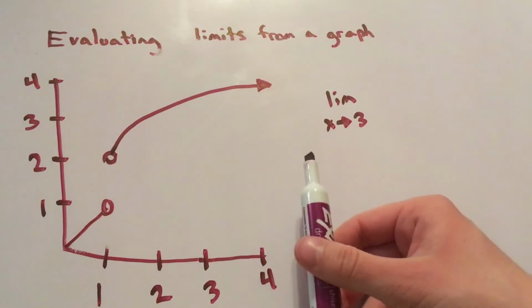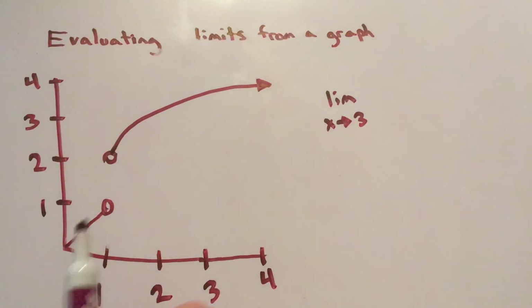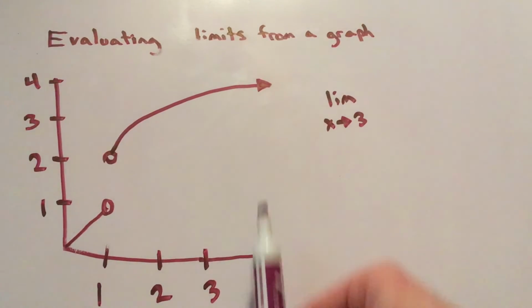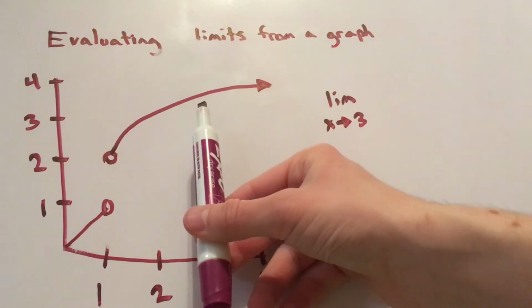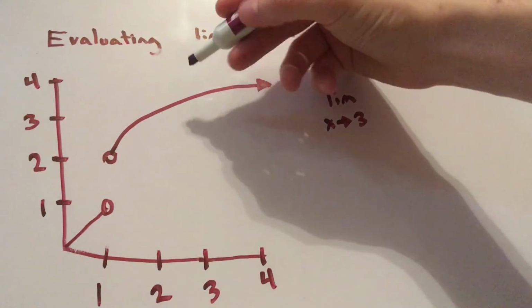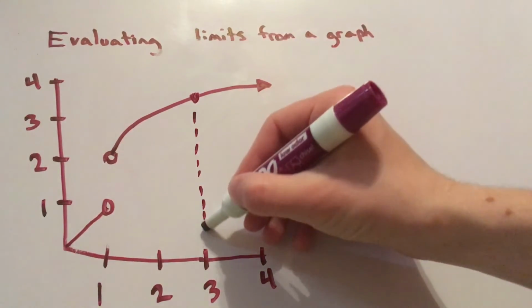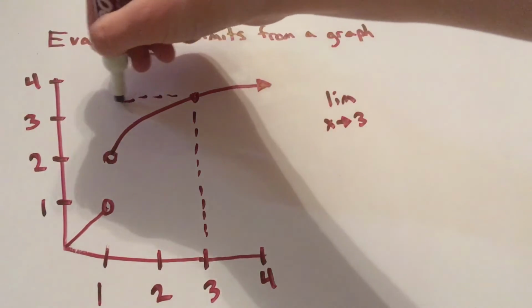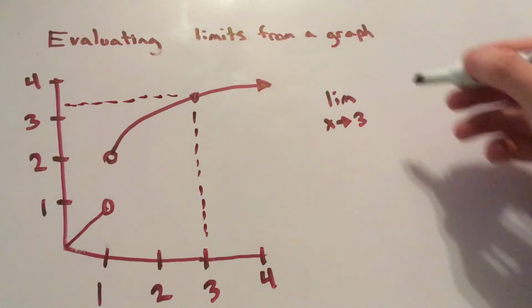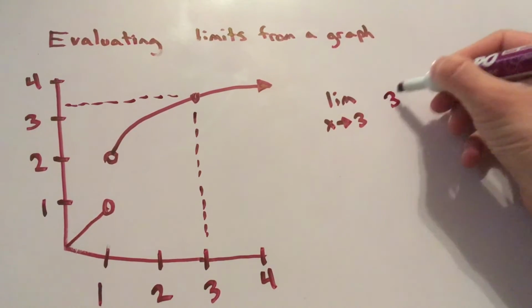So as x approaches 3, we can start from 4 here. We're gradually getting down, and here's 3. And here we can just estimate 3 1/4.